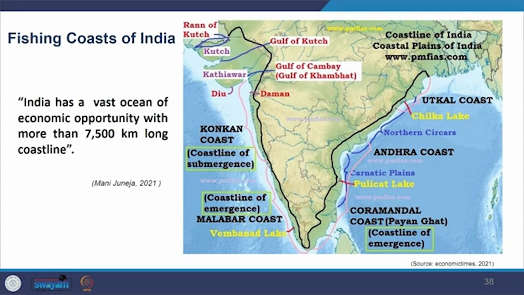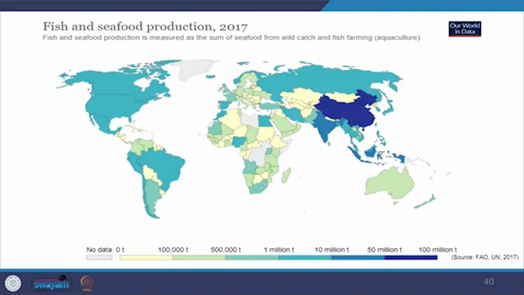And we see that 95% of transportation needs of businesses are met by this water-based economy, and this water-based economy contributes around 4% to GDP. India is also the third largest fish producing and second largest aquaculture fish producing country in the world.